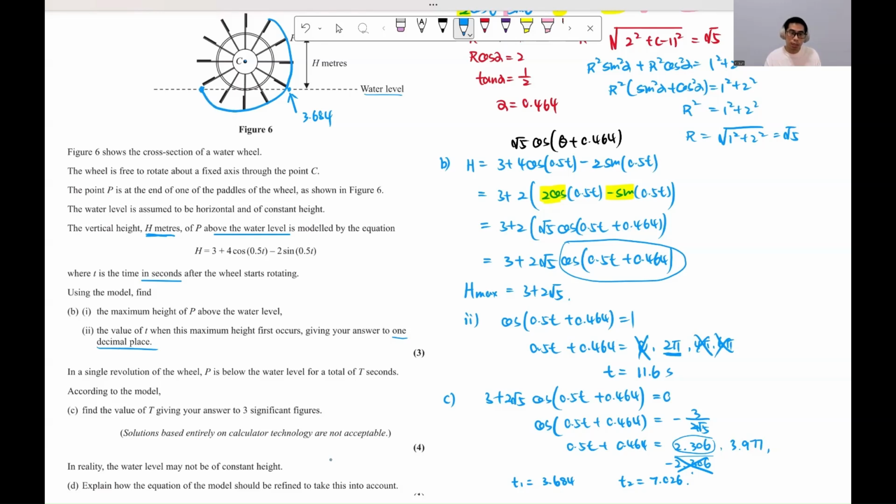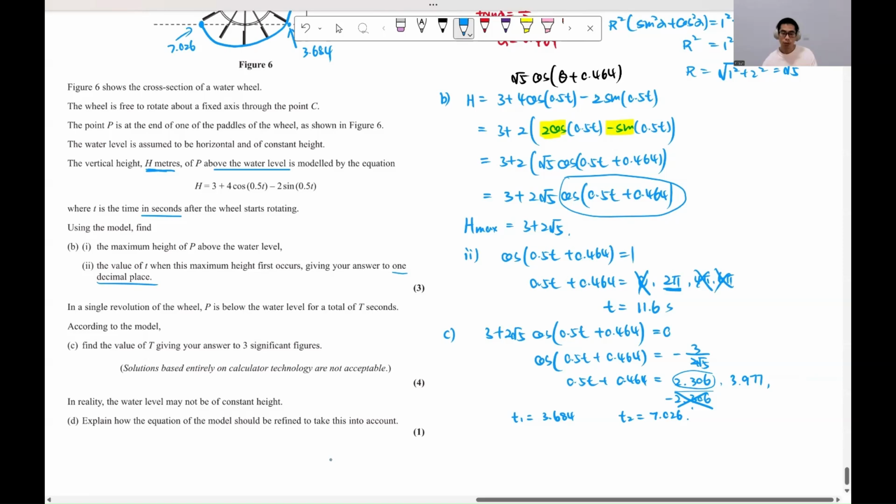The second time it reaches the water level would be 7.026. So if we're looking for the total time below the water level, it has to be the bigger one minus the smaller one. So I'm going to use 7.026 minus 3.684 to get the final answer.